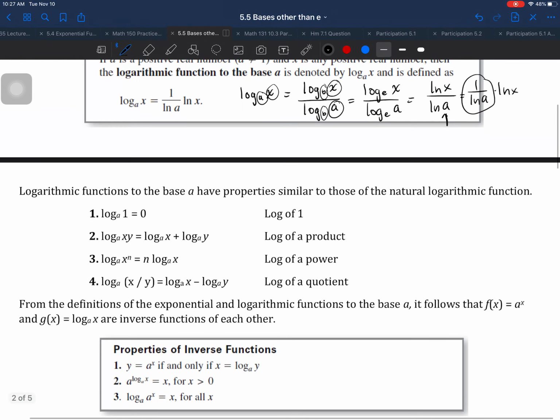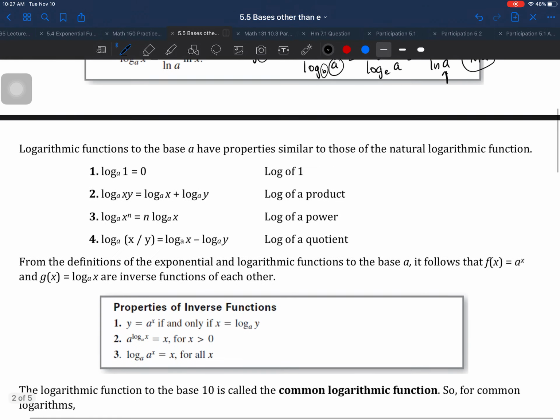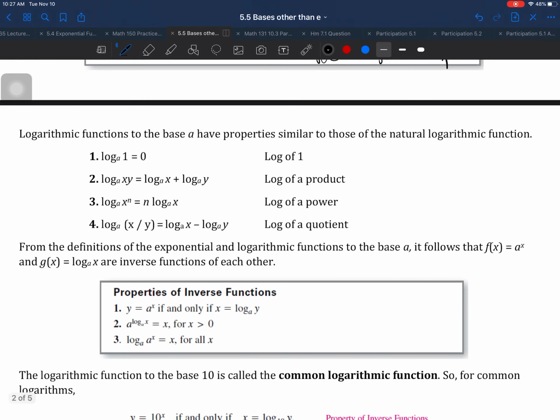All right, let's review a few logarithm properties from algebra. Remember that logarithm base a of 1 is 0. The product rule is that log base a of x times y will be the logarithm base a of x plus the logarithm base a of y.